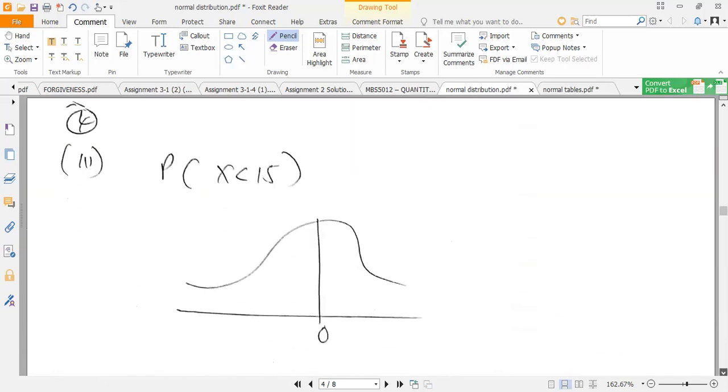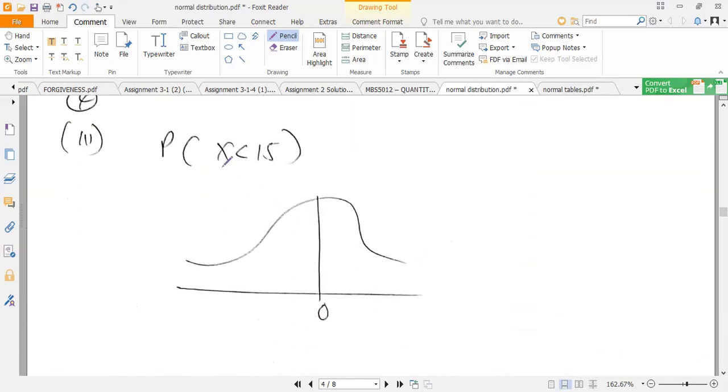I want us now to try, somebody to try this one. X is less than 15. Step 1. If you put 10 in the middle, and 15 on the right side.